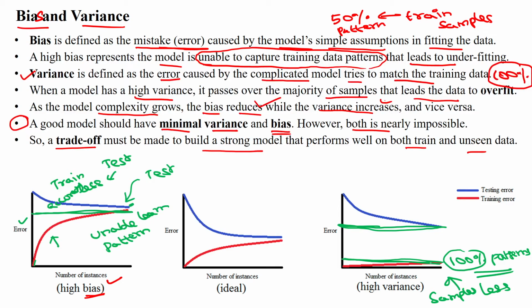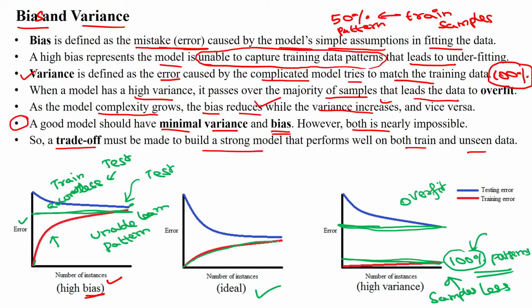If training error is low and testing error is high, there is the possibility of overfitting, high variance. During training, the model learns around 100 percent of the patterns of a small number of training samples.